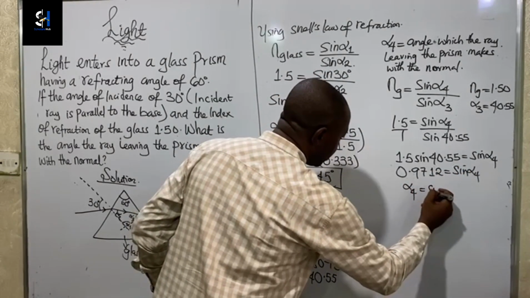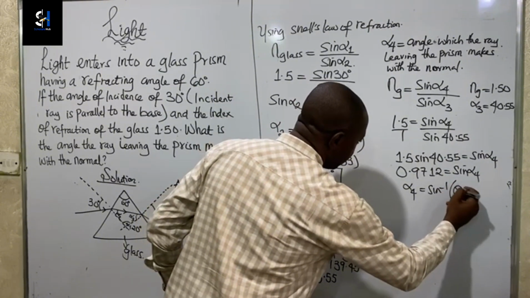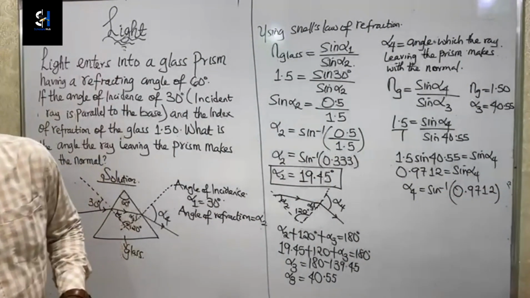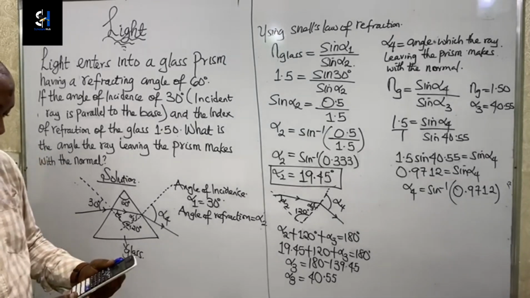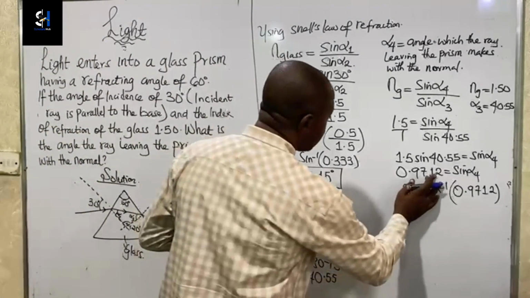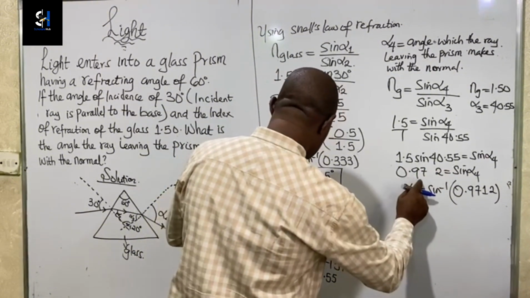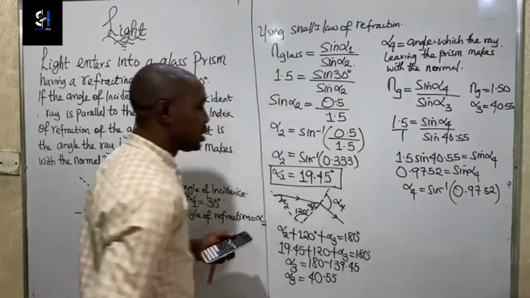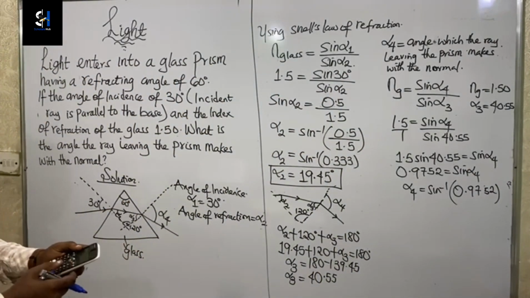Now alpha 4 will be the inverse sine of 0.9752.